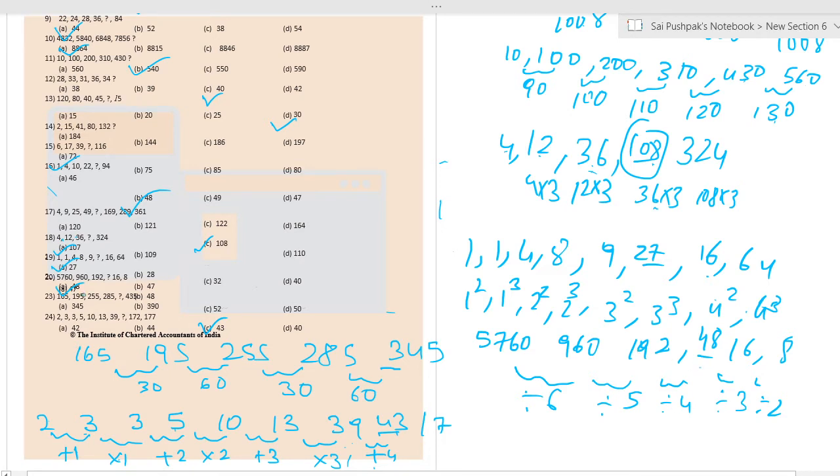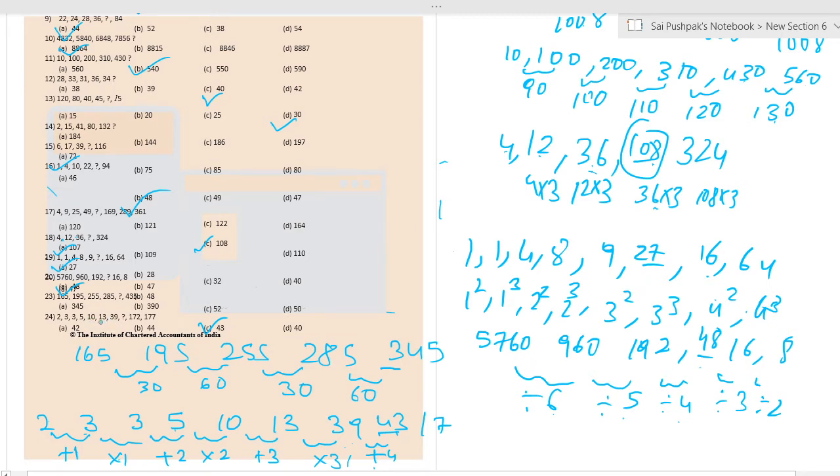So the answer will be 48. The divisor is decreasing here: divide by 6, 5, 4, 3, 2. So 48 divided by 3 is 16. 16 divided by 2 is 8.